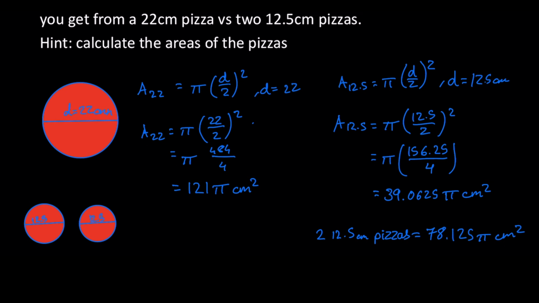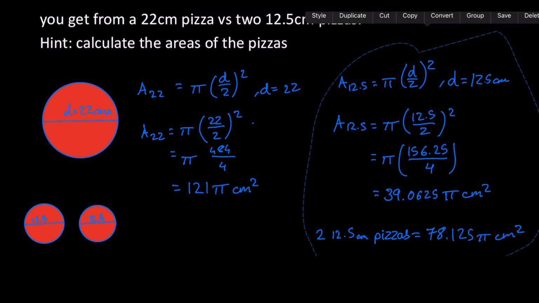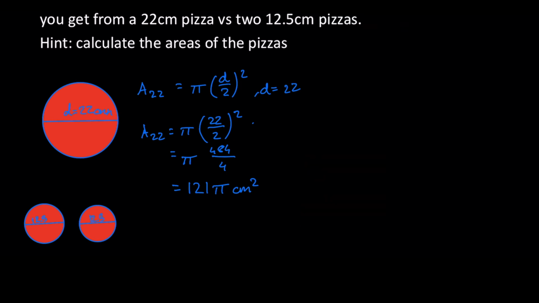Let's just use this pizza example here. Let's say that we want to find the diameter and we know that the area is 121 pi.